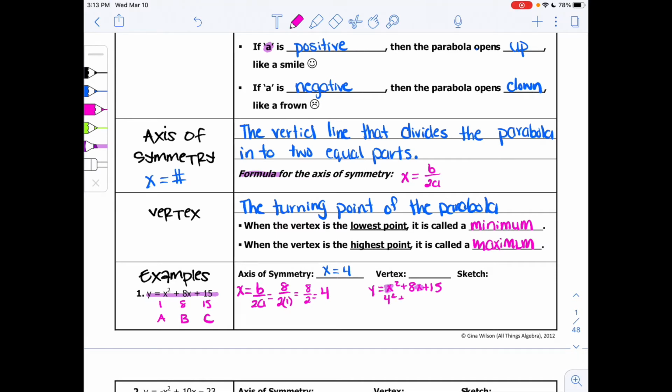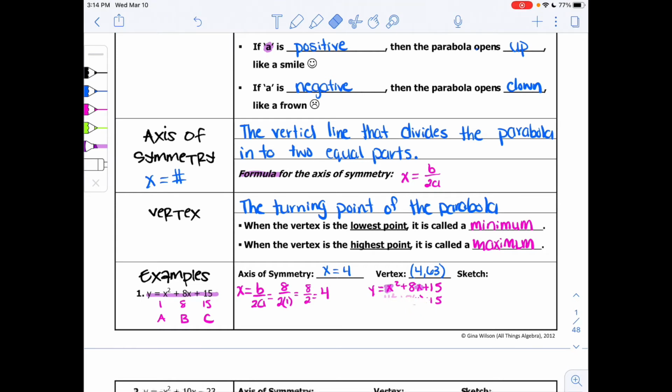We get 4 squared plus 8 times 4 plus 15. We know that 4 squared is 16, plus 32 plus 15. So 16 plus 32 plus 15 equals 63. So our vertex is going to be the ordered pair 4, 63.